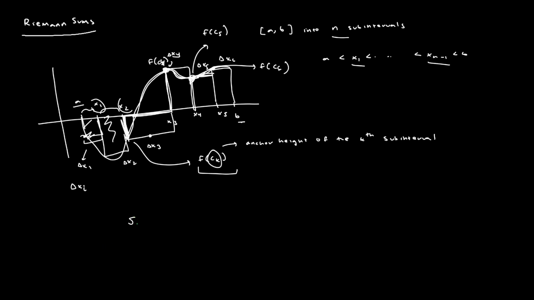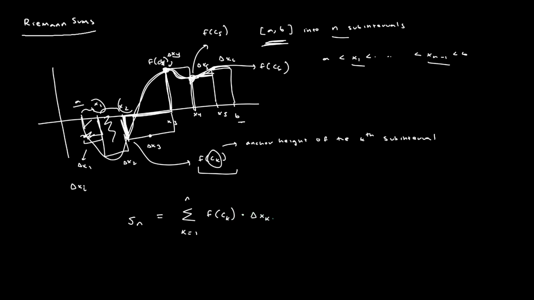So S of n is the Riemann sum of n subintervals on some overall large interval. Here we're taking it from a to b, and that is simply equal to, and here again I'm using the sigma notation, which just means sum, k equals 1 to n, f of ck times delta xk.